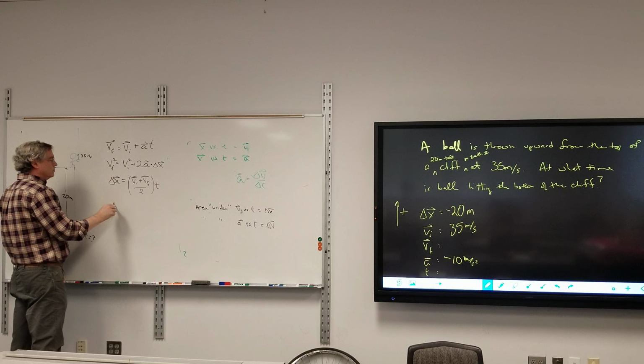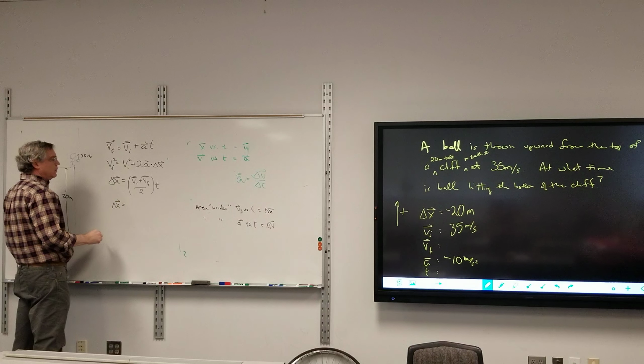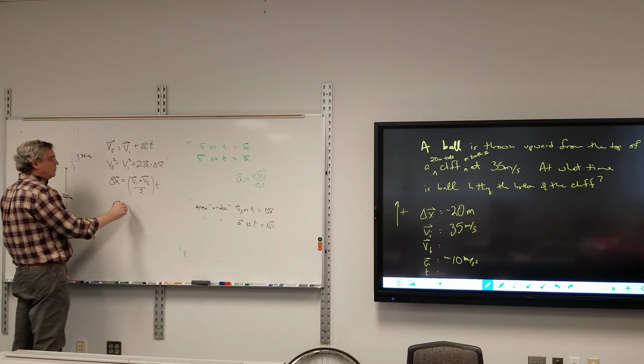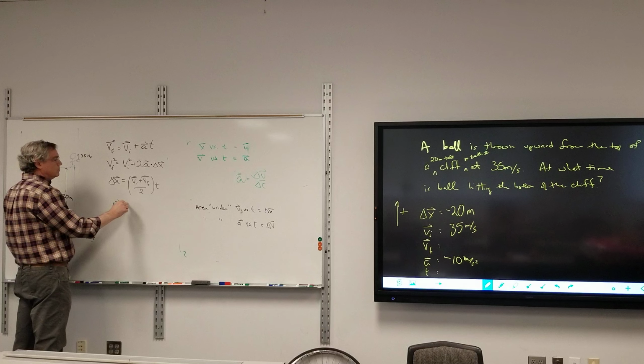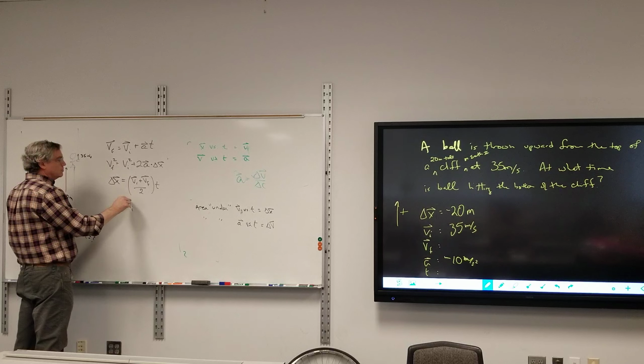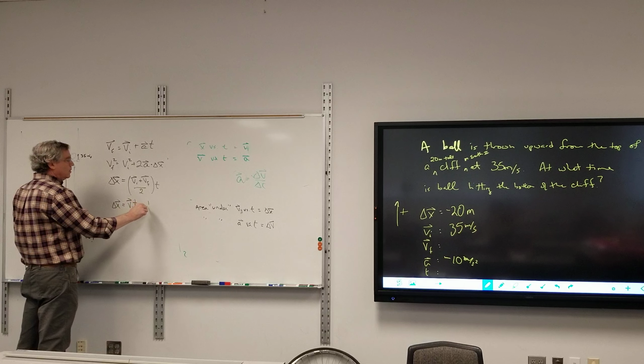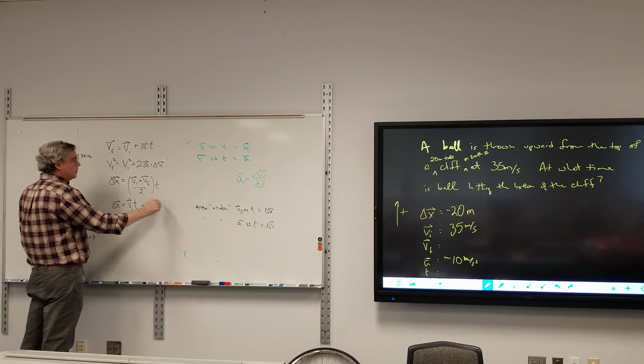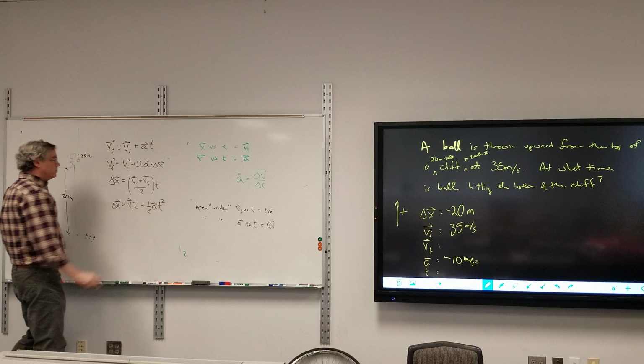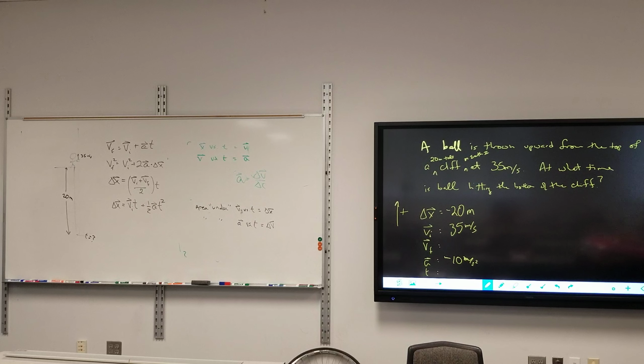All right, and then the last one: change in x equals velocity initial times time plus 1/2 acceleration times time squared. All right, those are the four kinematic formulas.